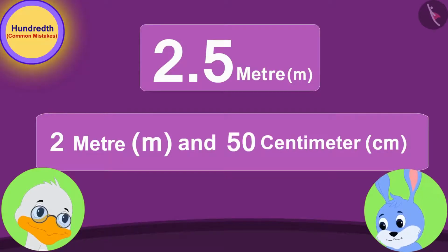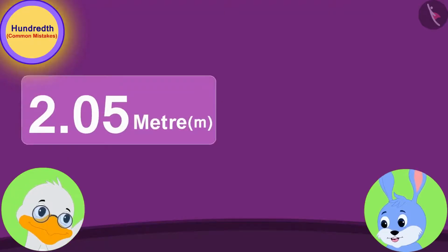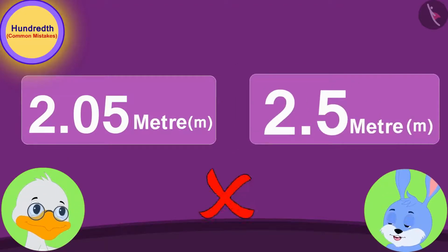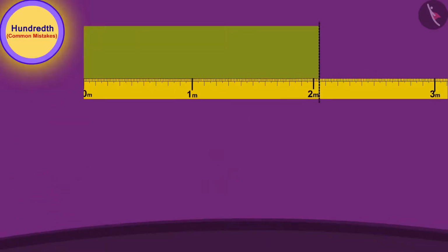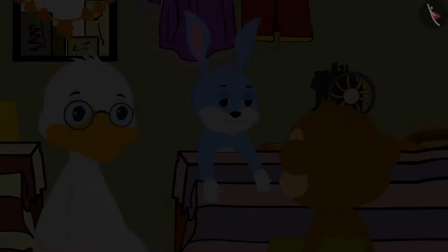Uncle explained to Bunny. Well, now I understand, uncle, that 2.05 meter and 2.5 meter are not equal. And I accidentally gave Babban cloth of the wrong length. Bunny told uncle.